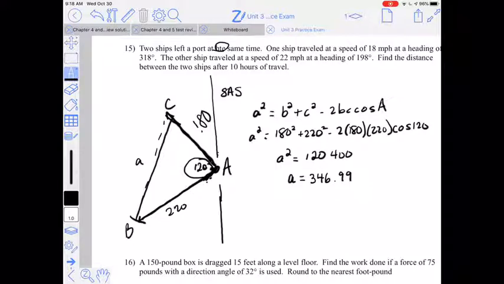And this is in terms of miles. So 346.99 miles.